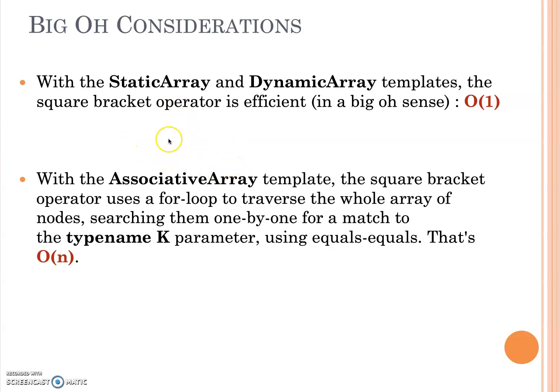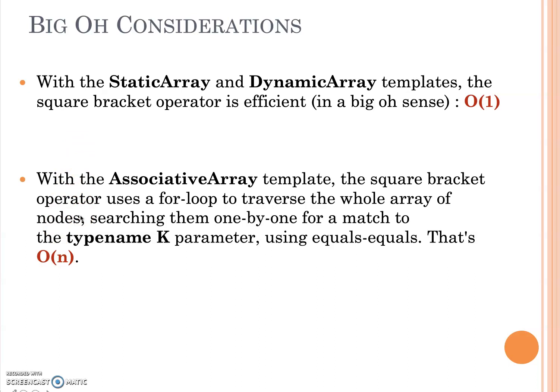So in order to find the matching key, in your getter function or square bracket setter function, we all have to write a for loop to look for the match key. That's why in your associative array, the square bracket getter and setter runtime is actually n. So they are different, right?